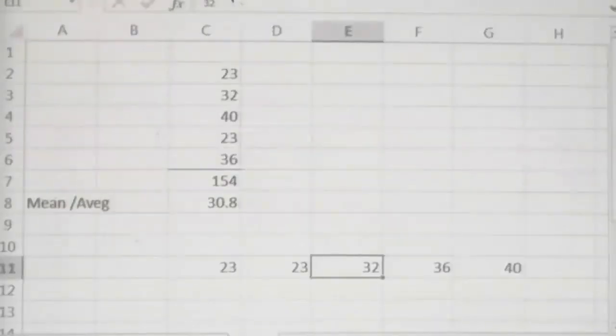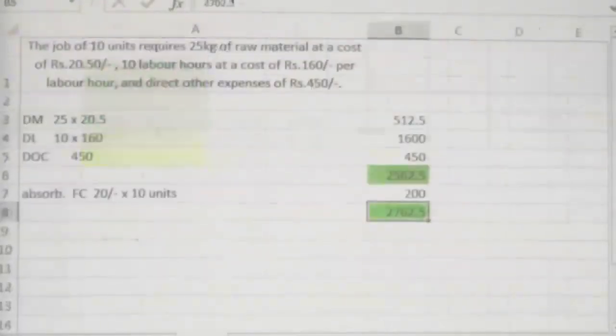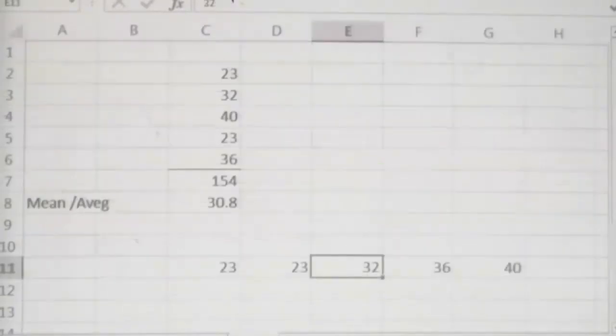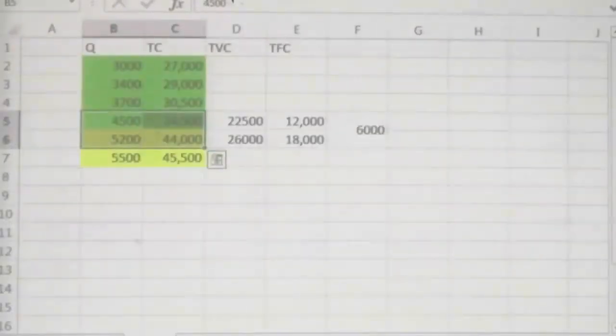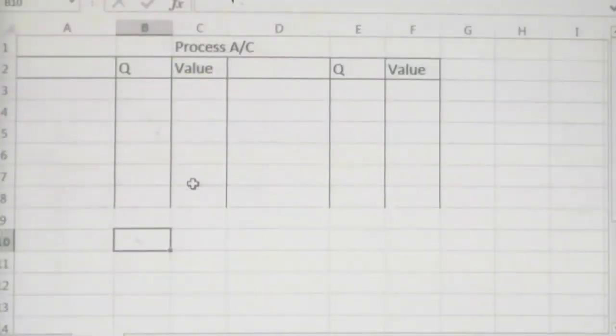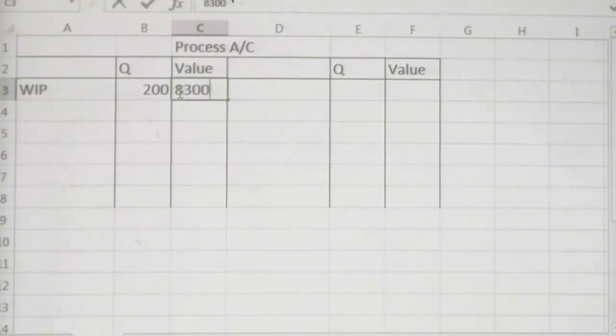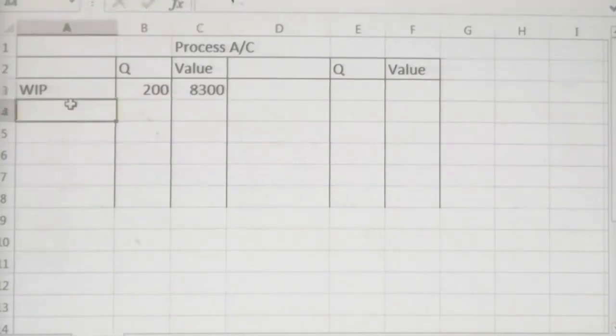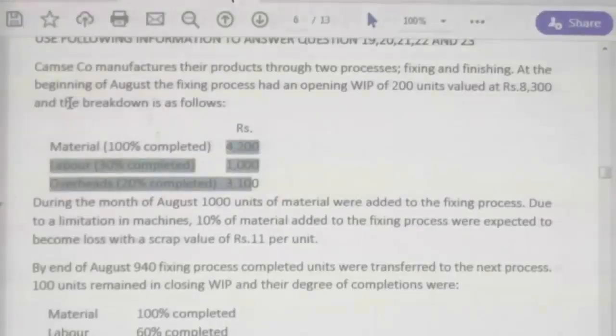Therefore, we can use a sketch of the process account. Now we can fill in the blanks while we are reading. Opening work in progress, quantity 200, value 8,300, right? Then let's see the balance information.